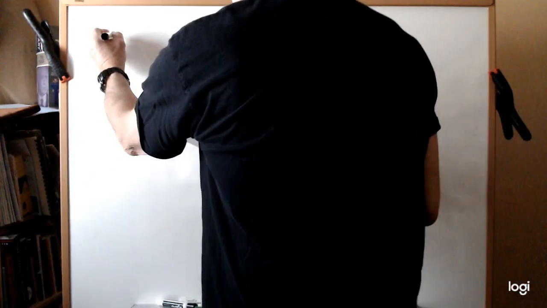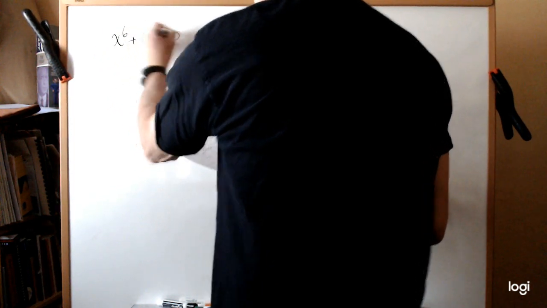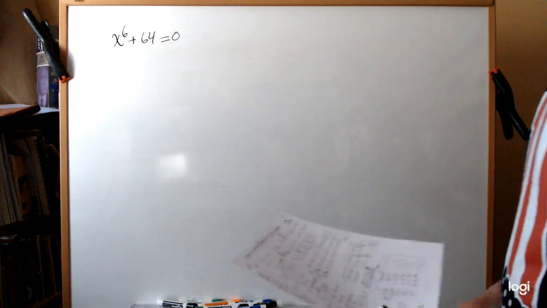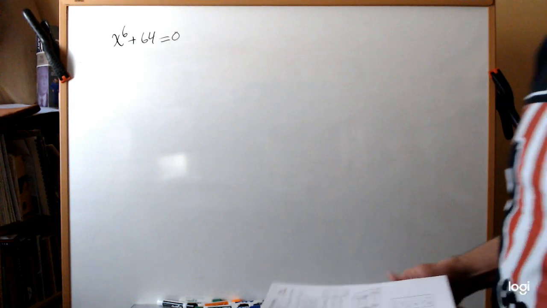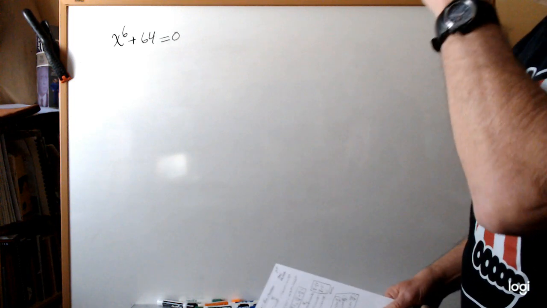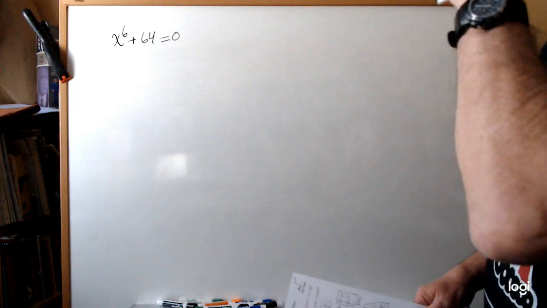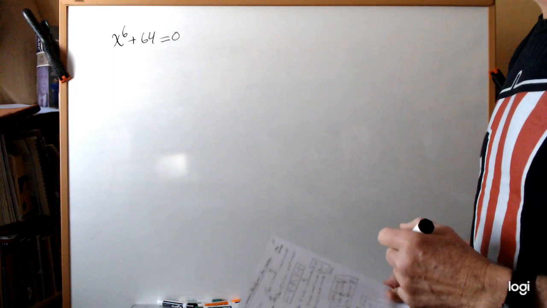and 8E wants us to solve x to the 6th plus 64 equals 0. Now, the fundamental theorem of algebra says 6th degree, 6 roots, not necessarily the same, but they will be 6 distinct roots in the complex plane.